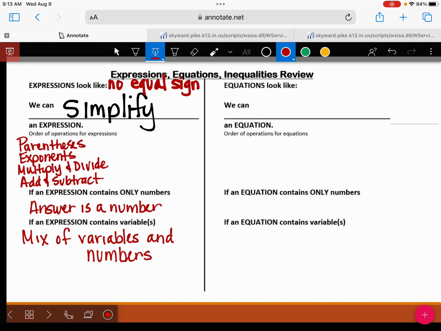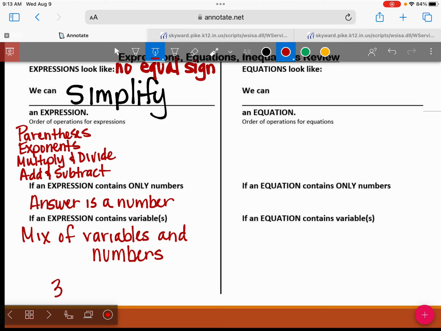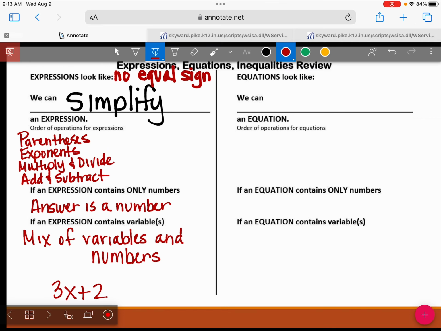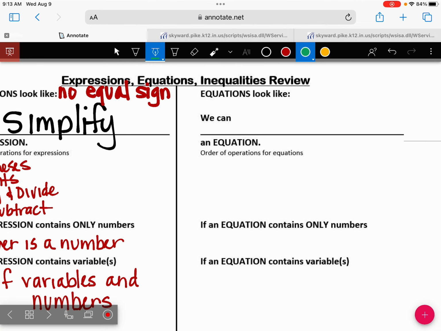So let's talk about an equation. An example of an expression would be 3x plus 2. That's just an expression. But an equation has an equal sign. And because it has an equal sign, we can solve it.